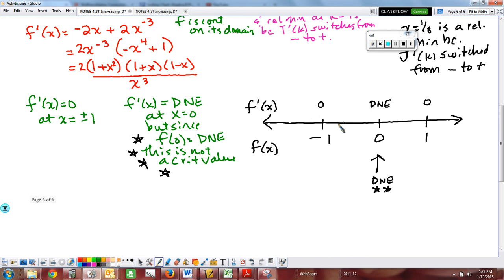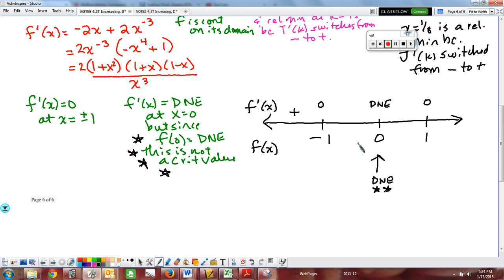And then we're just going to test our values here. Taking a look at our derivative, this is positive and this is positive, so I'm really only looking at this section over here. If I pick something like negative 10, you would have negative and positive over negative, so overall positive.